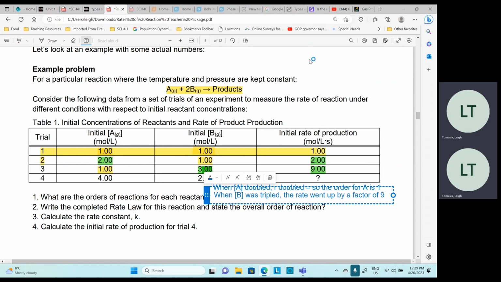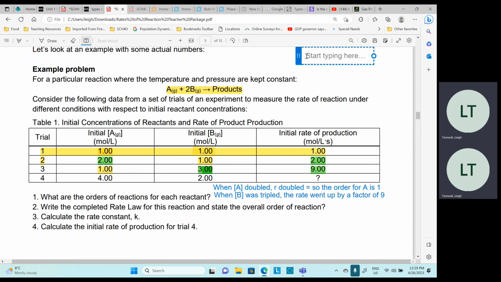So in other words, B for trial 3, so I'm going to say B3 divided by B1. So the concentration of B from trial 1, we need to do the square brackets so we know it's a concentration.